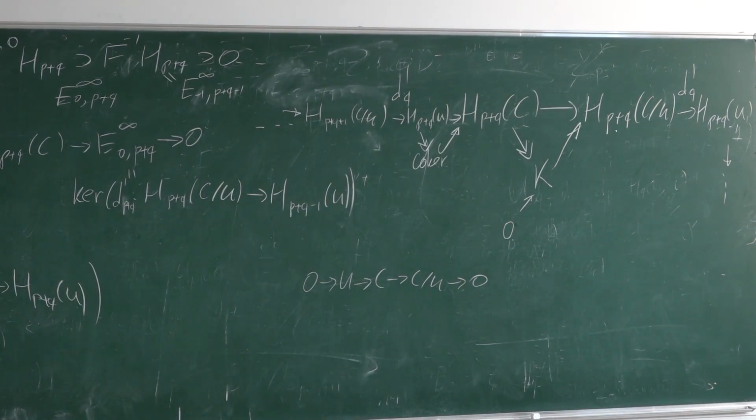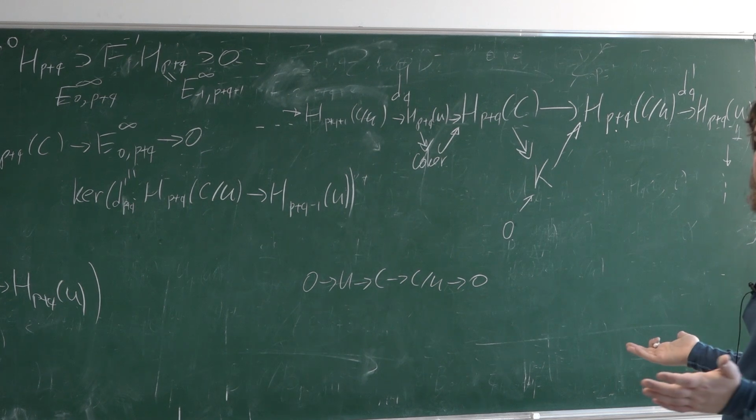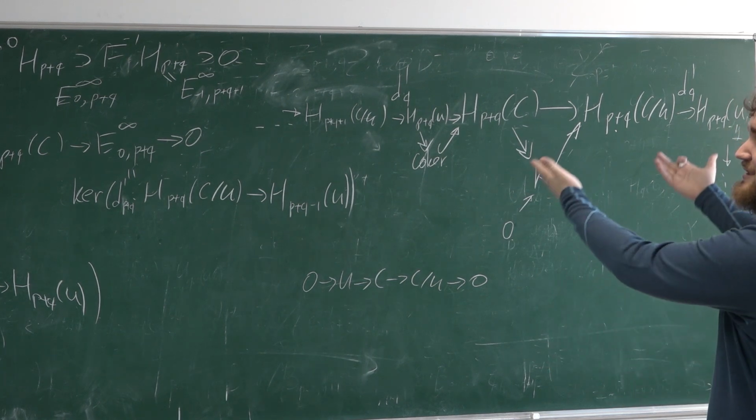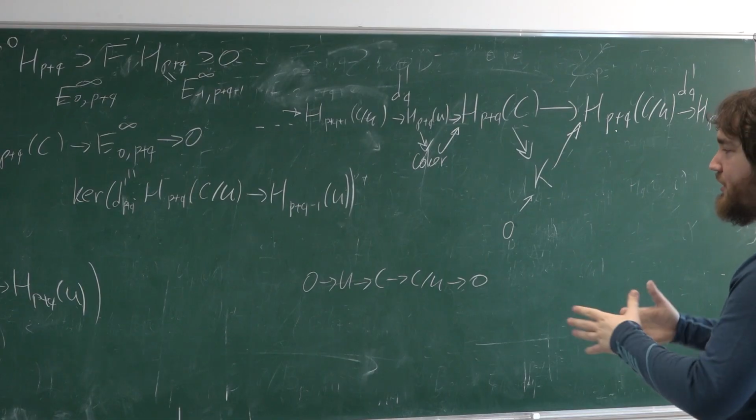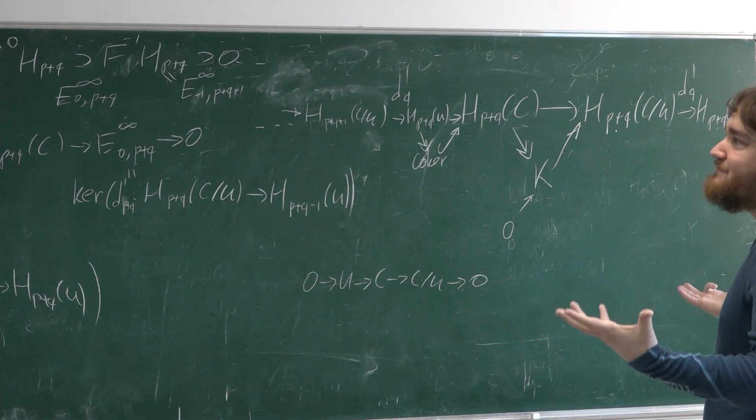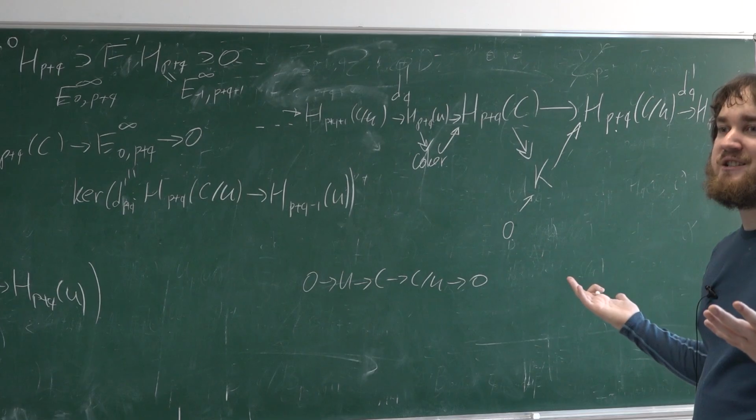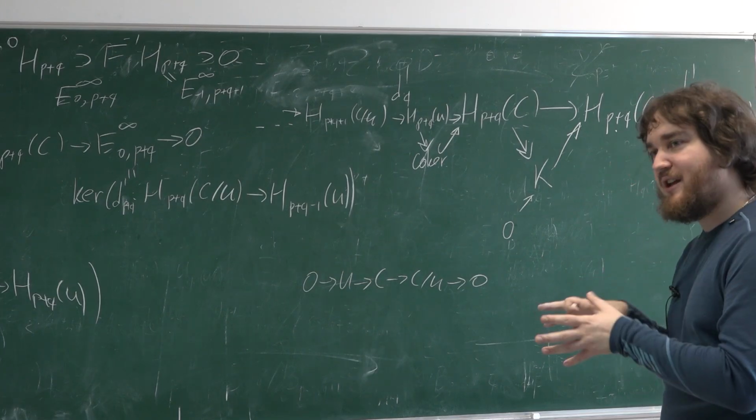So this is the first example. For the shortest filtration possible, it gives us the long-range sequence. For the longest filtration, it's a very far generalization of this long sequence.